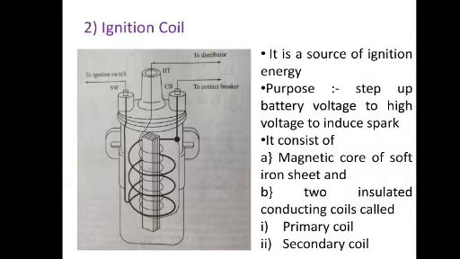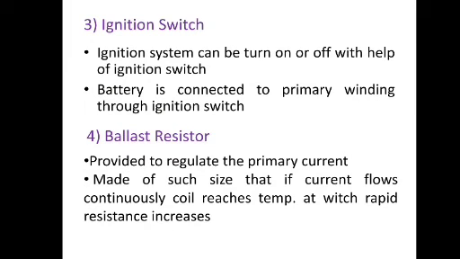The two ends of the primary are connected to these terminals. Now as shown in the figure, one end of the secondary winding is connected to the central high tension terminal in the distributor. The other end is connected to the primary coil. This is the ignition coil.